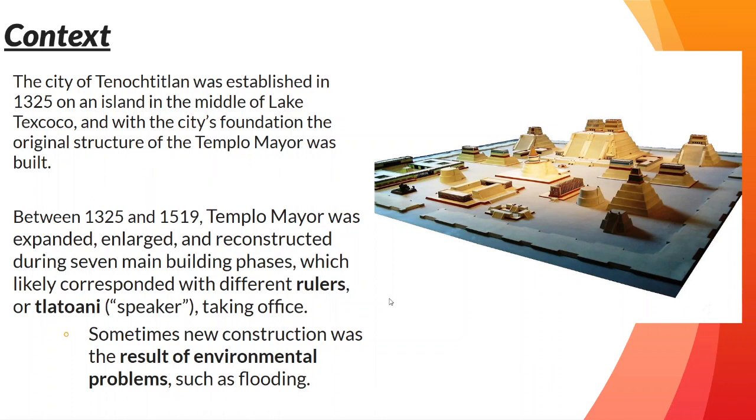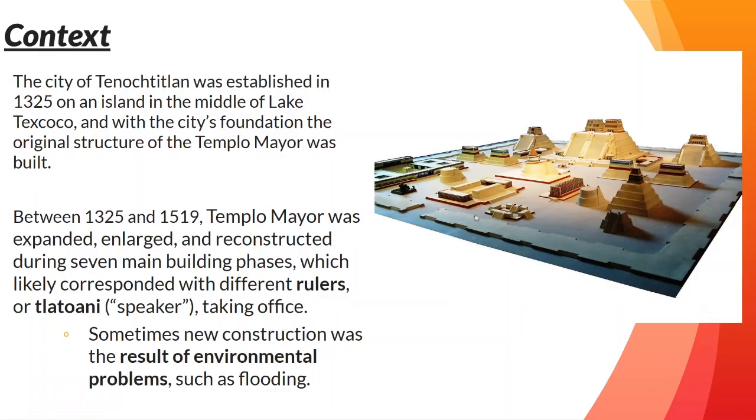Mentioned stuff before, but going into context here, we're looking at Templo Mayor as part of Tenochtitlan, which is in the middle of Lake Texcoco. It was established in 1325 and was kind of this foundation for where their Templo Mayor would be built.